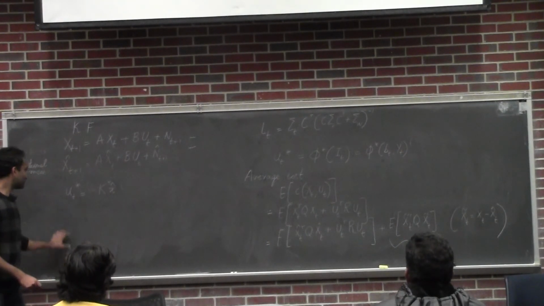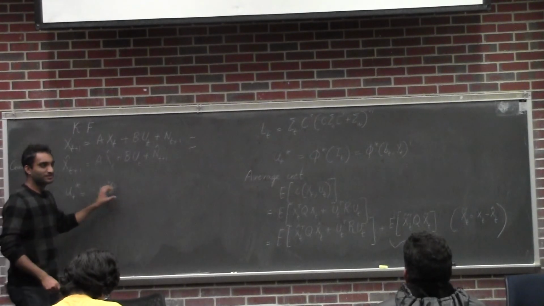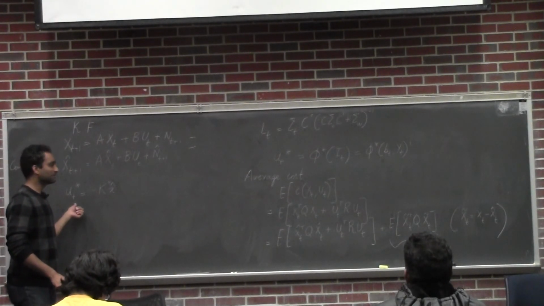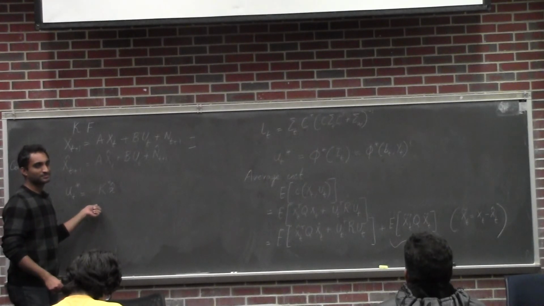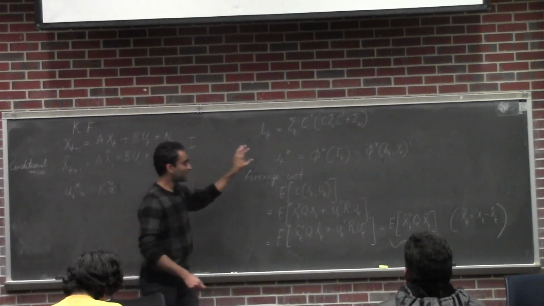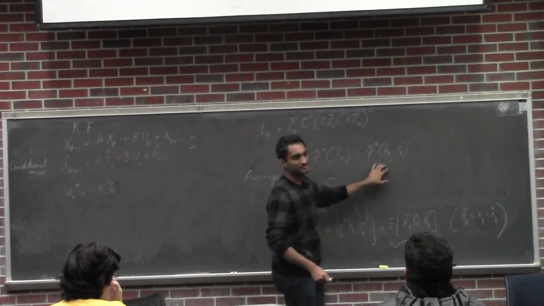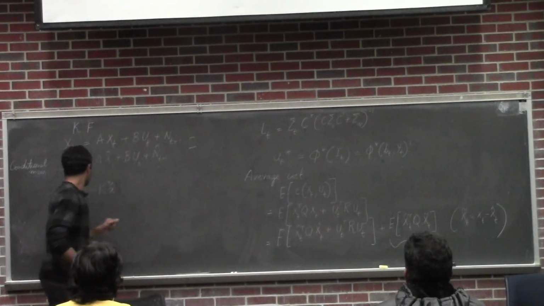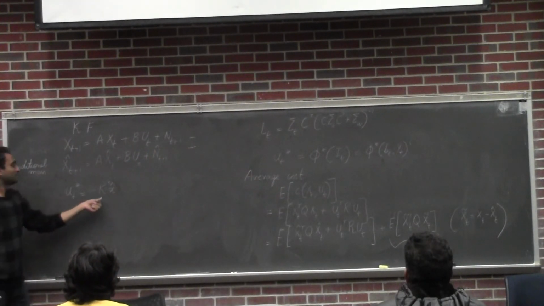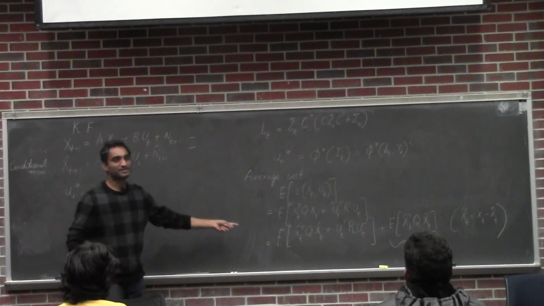So now you have a nice form for the optimal policy for an LQG system. Even though it was partially observed, you don't really need any of this. You don't need the information state and any of that. All you need is just state feedback with the estimate of the state.